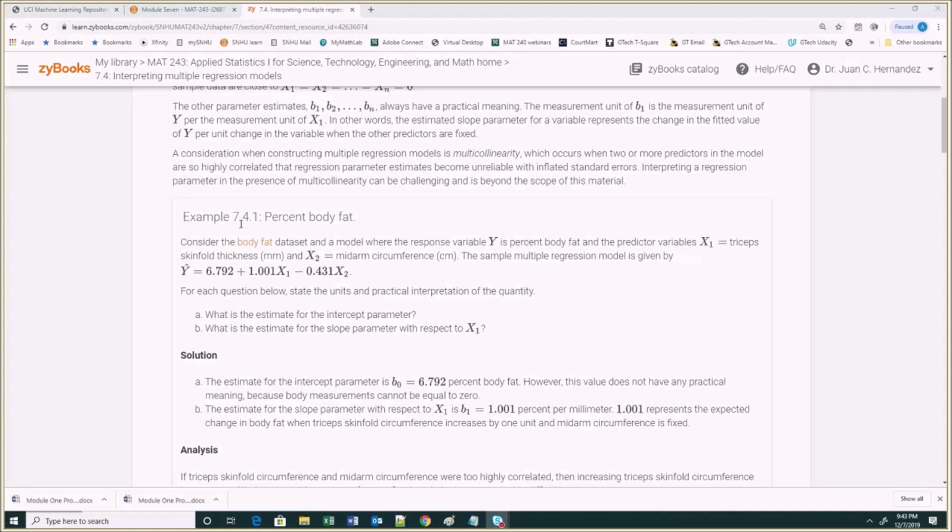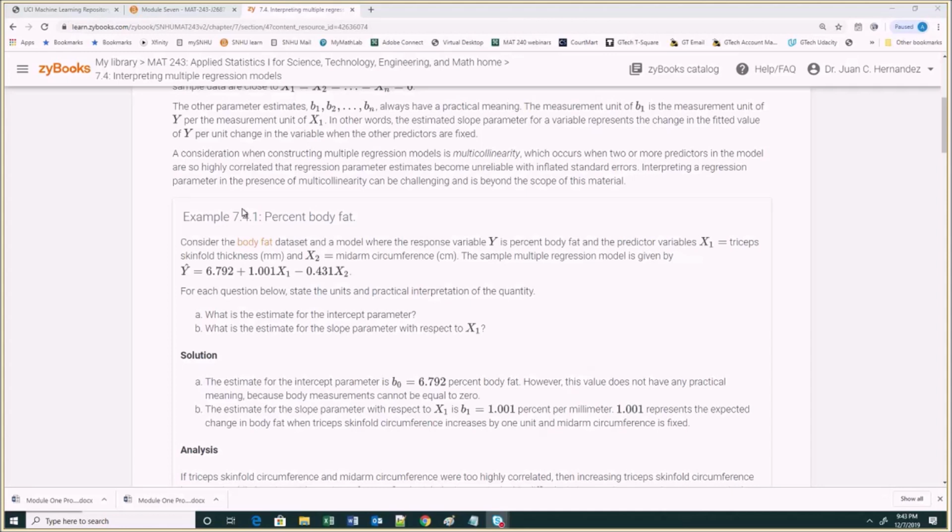That is correct. And so when x1 and x2 take values of 0, meaning that the triceps skin fold thickness is 0 and the mid-arm circumference is 0, the expected value of y will be 6.792. Now, does that make sense? The question is, is it a practical scenario where x1 and x2 can be 0?